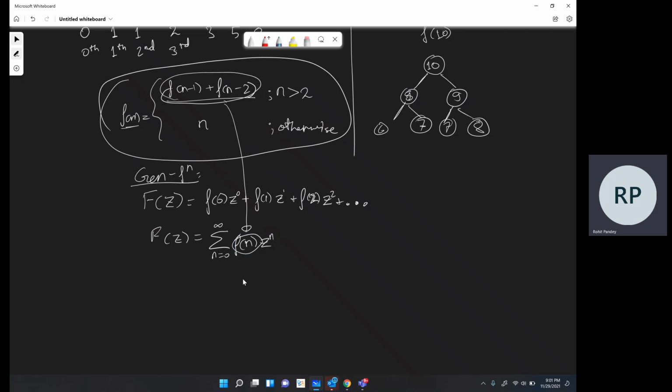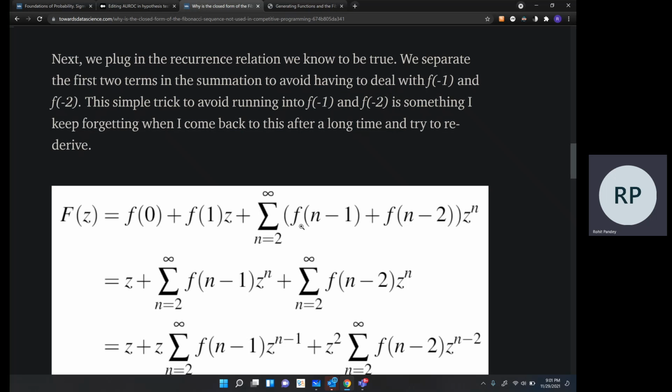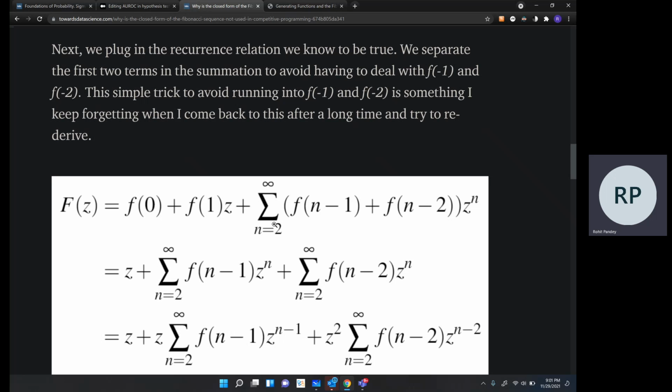And when you do the reindexing of the index in the summation, you don't want the f of -1 and f of -2 terms, because you won't know what to do with them. This series is defined from f0 onwards, right? For that reason, to avoid that, you say, okay, let's take out the f0 term, let's take out the f1 term, and then make the summation go from 2 to infinity.